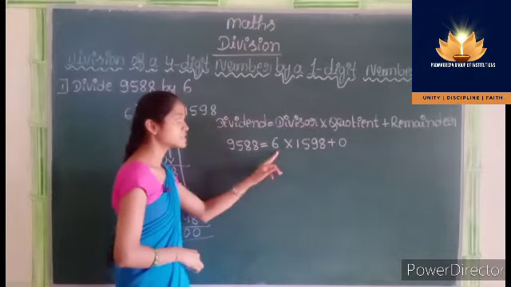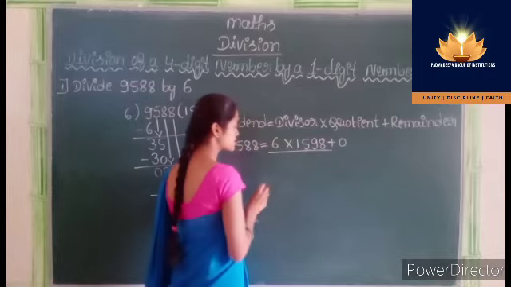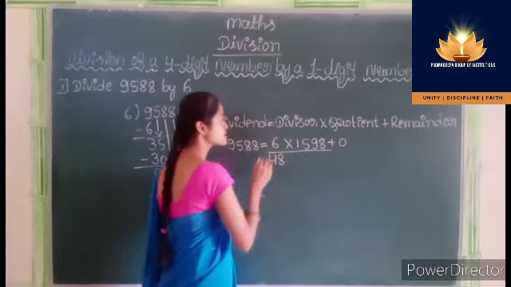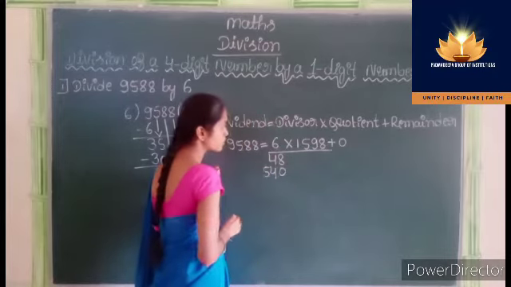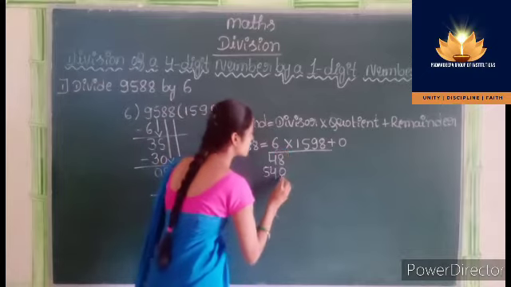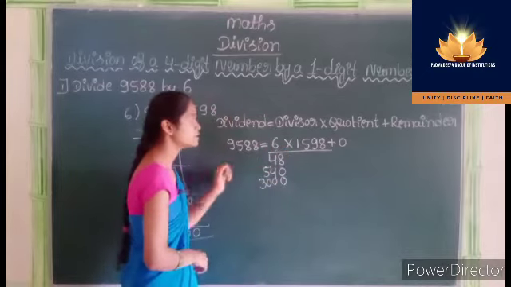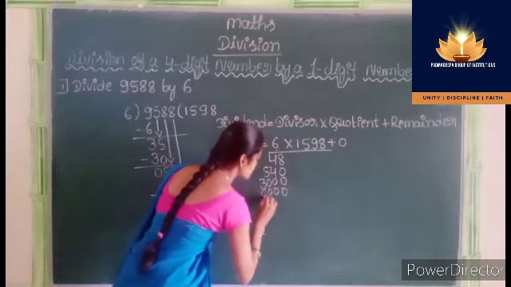Multiply 6 by this 1598. 8 6s are 48, 9 6s are 54, then 5 6s are 30 and 1 6 is 6.